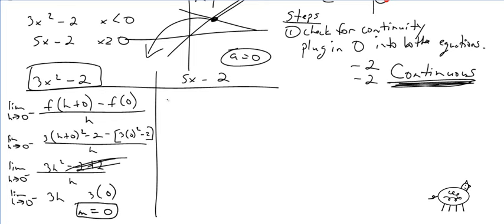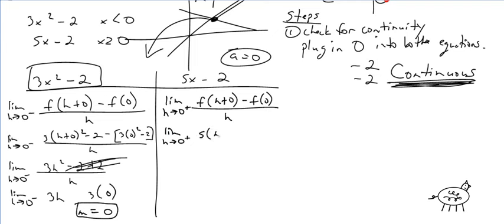And let's do the other side. Same thing, we're going to do the limit as h approaches 0 from the positive side now, because we're coming from where x is greater than 0. It's kind of the same idea, f of h plus 0 minus f of 0 all over h. So we're going to do the limit as h approaches 0 from the positive side of 5 times h plus 0 minus 2 minus 5 times 0 minus 2, plugging in the 0, all over h.